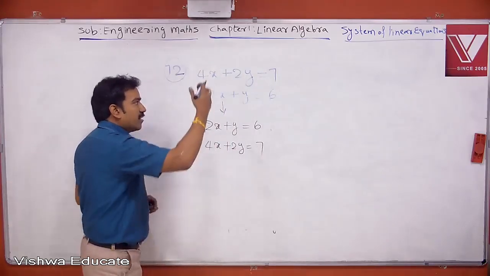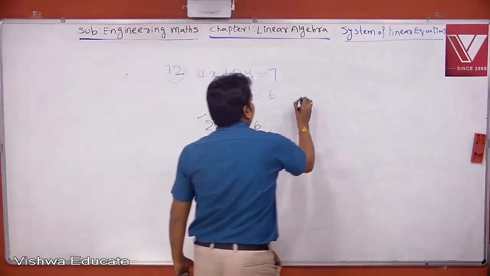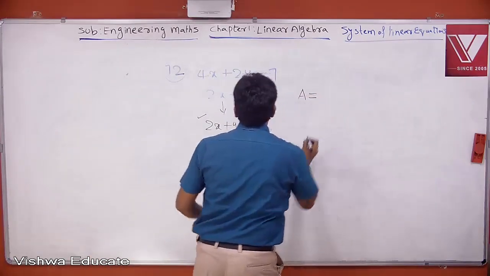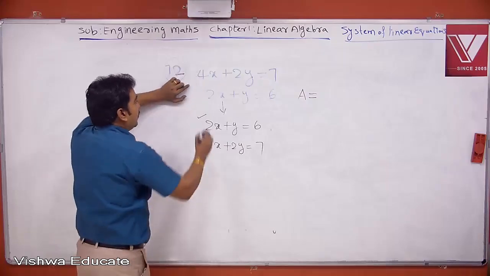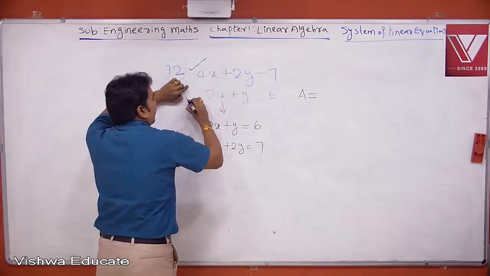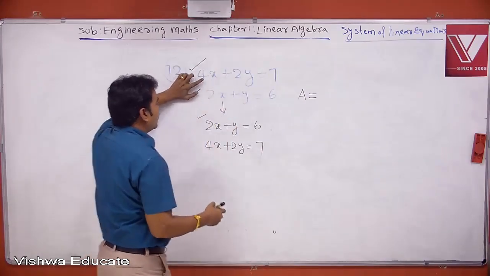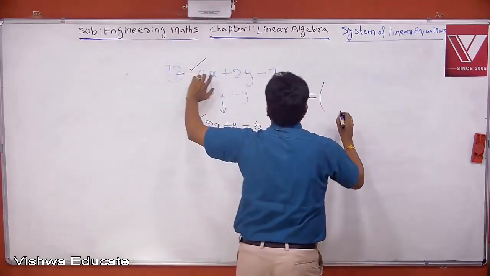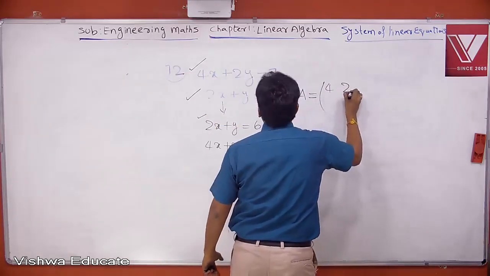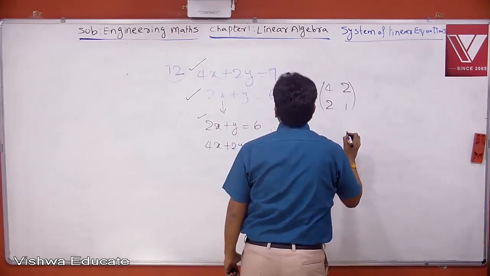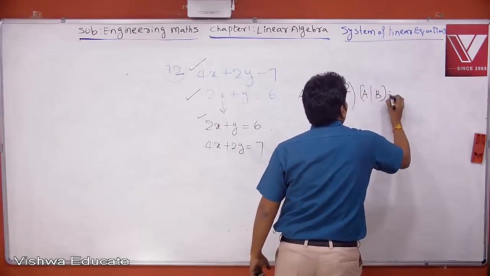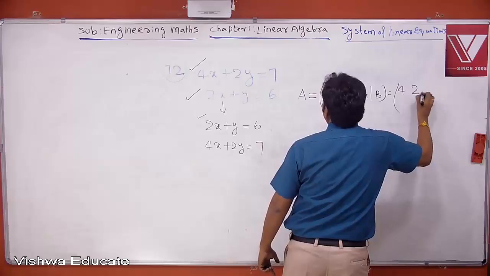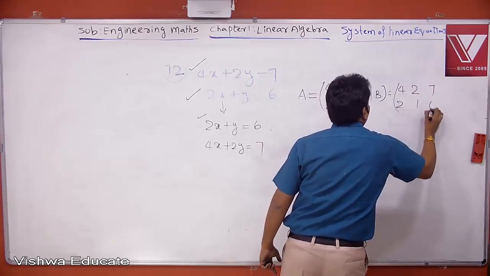Or when you go with analysis of ranks, the matrix A is this. You can reverse positions also. Here the order is given like this: 4x plus 2y equal to 7, 2x plus y equal to 6. Therefore the coefficient matrix A is 4, 2, 2, 1. Now A slash B is 4, 2, 7, 2, 1, 6.